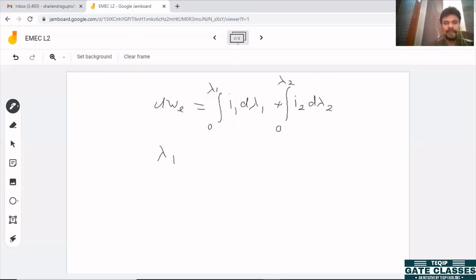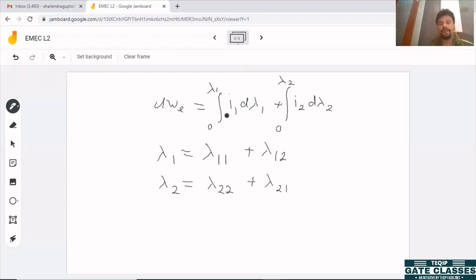So lambda 1 can be written in terms of the flux linkage due to its own flux, plus the flux linkage with coil 1 due to coil 2. Similarly we can write for lambda 2 as well. So lambda 2 will be the flux linkage with coil 2 due to its own flux, and lambda 21 is the flux linkage of coil 2 due to the flux generated by coil 1.